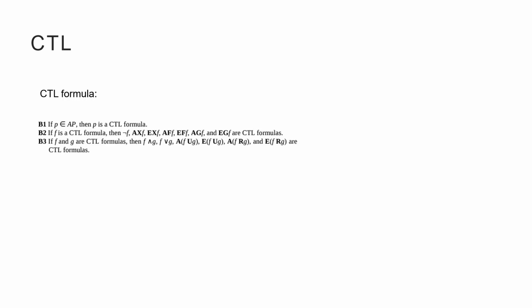After acquiring a basic understanding of temporal formulas, we now introduce CTL formulas with the following specific definition. In this context, X, F, G, U, and R are temporal operators.